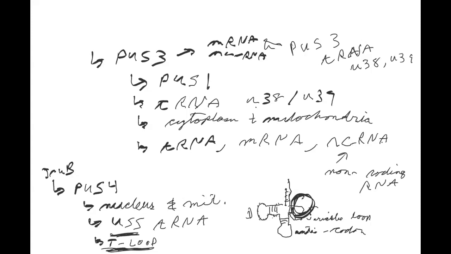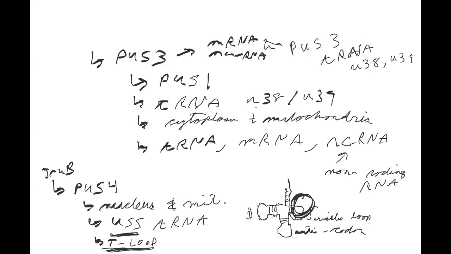It'll still work, but there's a little bit of loose play. This is PUS on the transfer RNA. It's very, very specific, very tight. But PUS3 on, let's say, messenger RNA or non-coded RNA is a little bit looser. So it's non-specific.